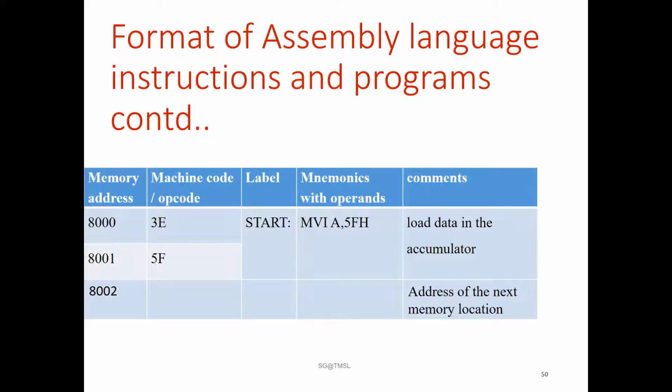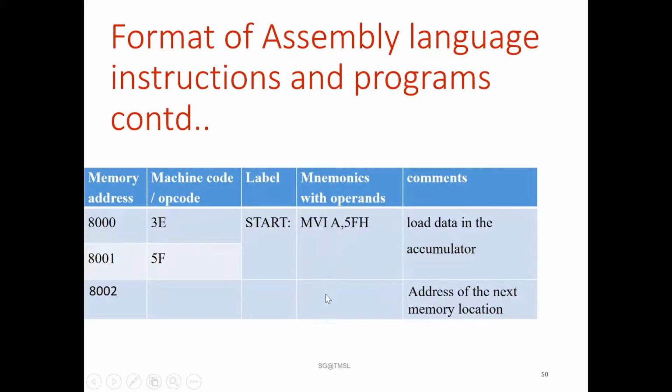Okay, now this is the format of any assembly language program. What will be the format? You can write memory address in one column, then machine code, then label, then mnemonics, then comments. If it is written as MVI A, 5F, it is loaded, assume, at memory location 8000. So it's a 2-byte instruction, which means 2 consecutive memory locations are reserved for it.